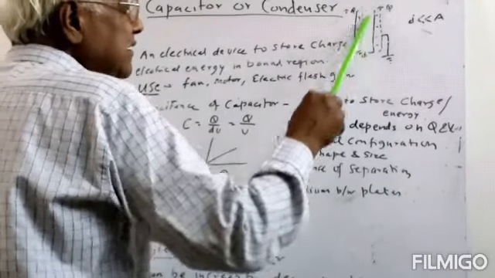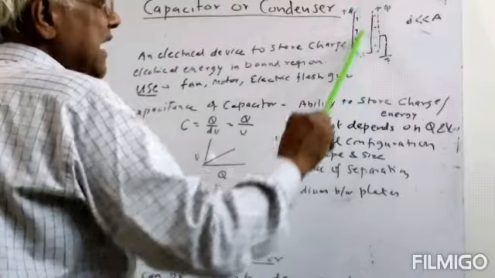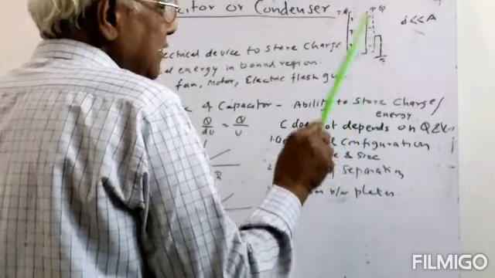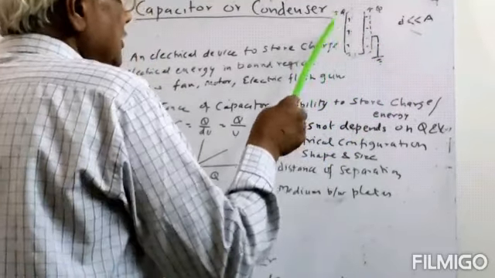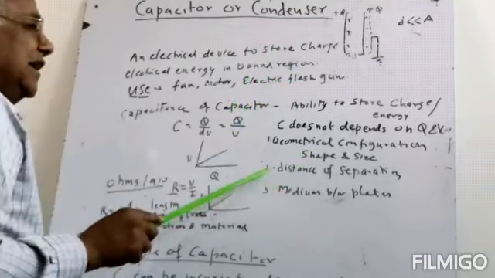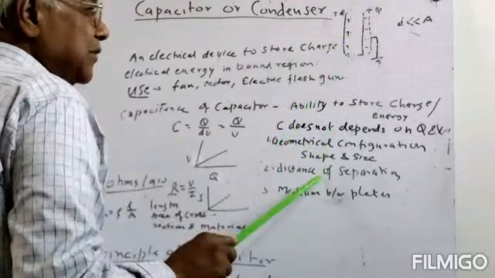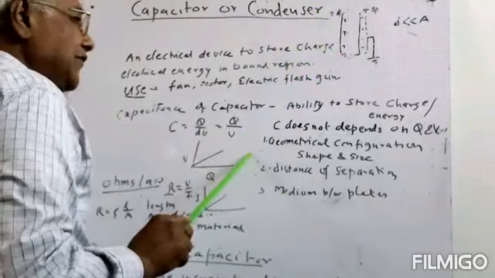But if we place an insulator here, if a dielectric medium is placed here, then due to the dielectric medium, the electric potential will decrease. So capacitance will increase. So the third point is that if we place a dielectric medium between the plates, then capacitance will increase. So the capacitance of the condenser depends on three factors.